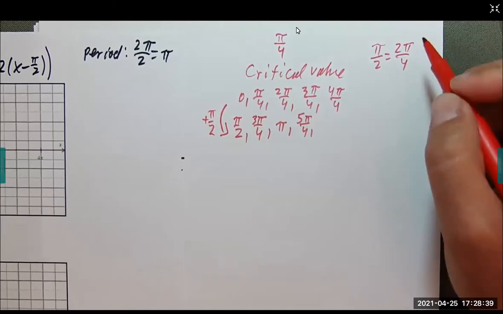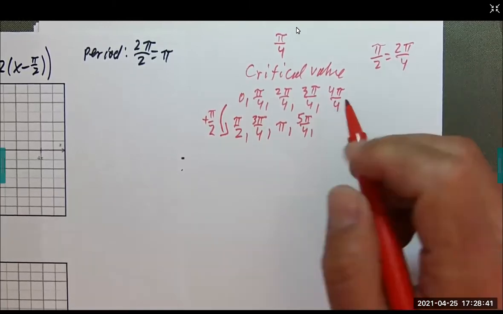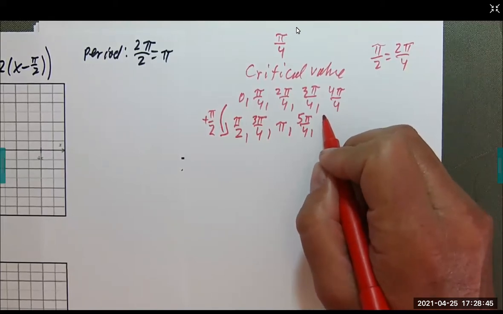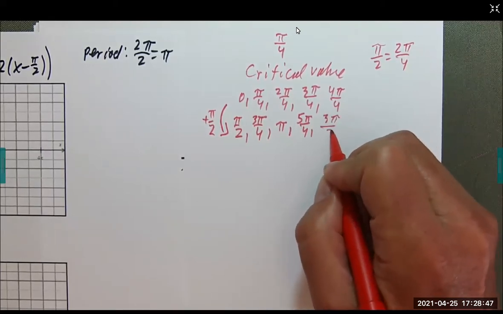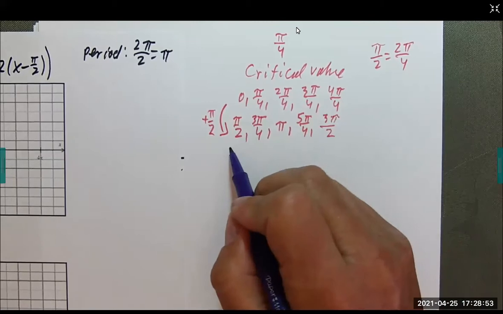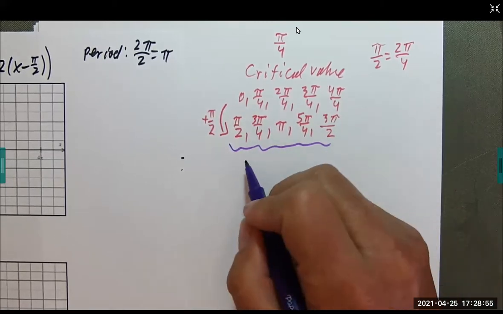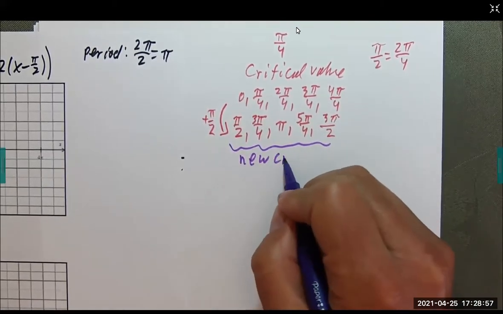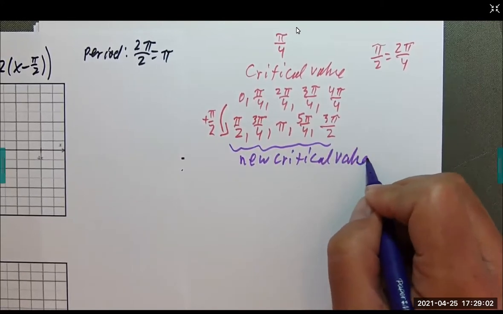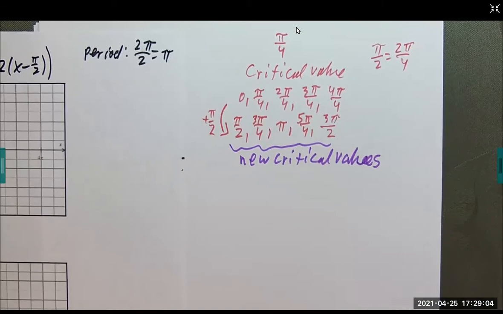And lastly, 2 pi over 4 plus 4 pi over 4 is 6 pi over 4. 6 pi over 4 reduces to 3 pi over 2. So these are my new critical values. So these are the ones with the phase shift that I'm going to actually graph with.